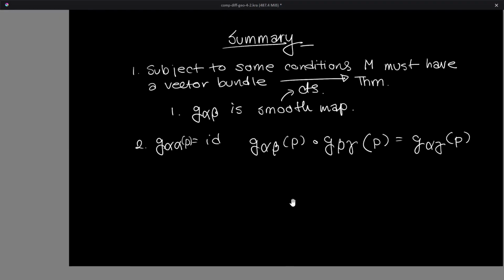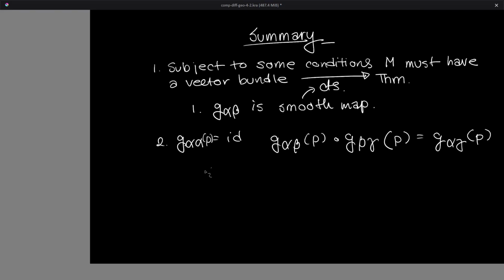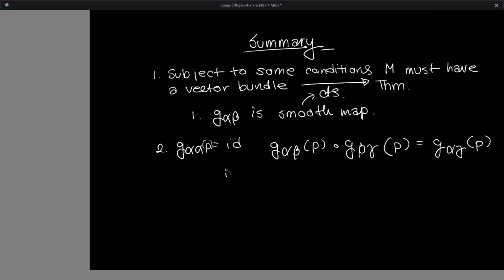And in doing so, we had some substeps. Substep number 1 was we constructed E. We then constructed pi.